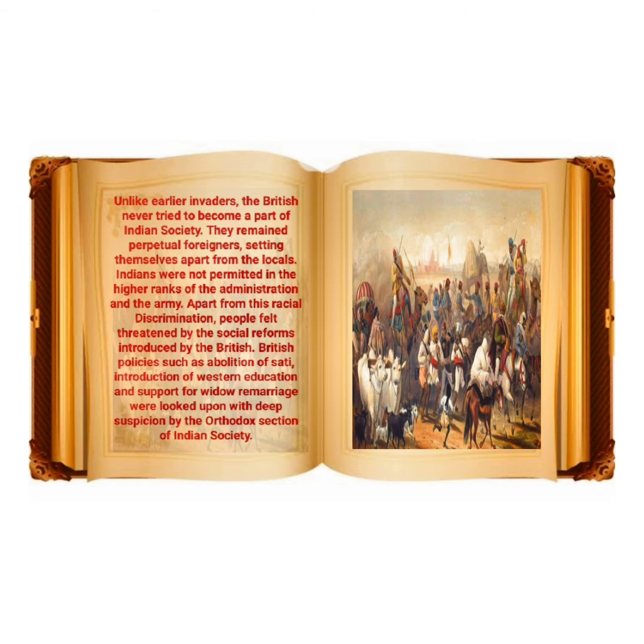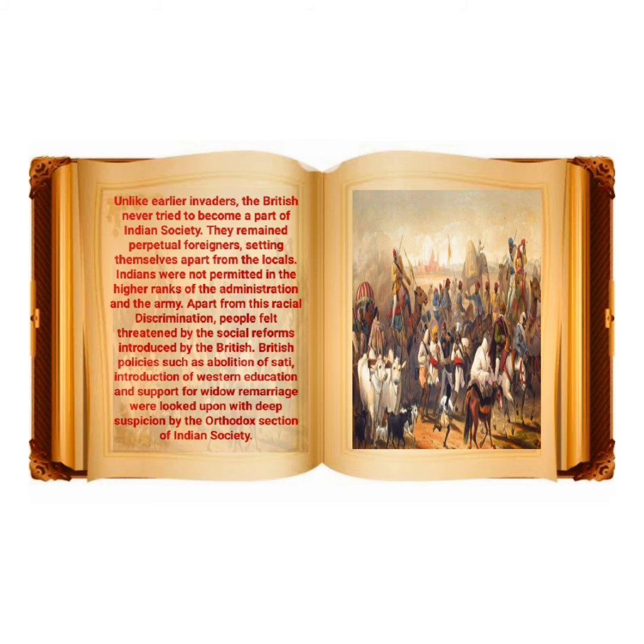Apart from this racial discrimination, people felt threatened by the social reforms introduced by the British. Policies like the abolition of Sati Pratha, introduction of Western education and support for the Widow Remarriage Act were looked upon with deep suspicion by the orthodox section of Indian society.